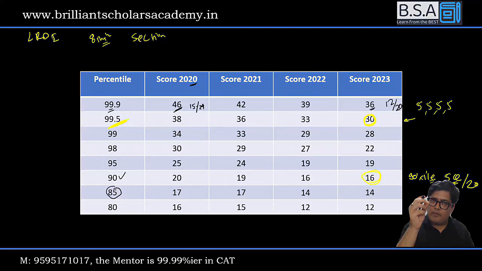Read everything from first sentence till the last option, last question. Read everything. 8 minutes. And decide, see, 40 minutes you have. Decide, I'm going to spend 15 minutes on these 2 sets.